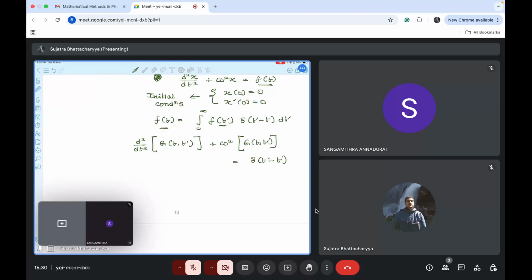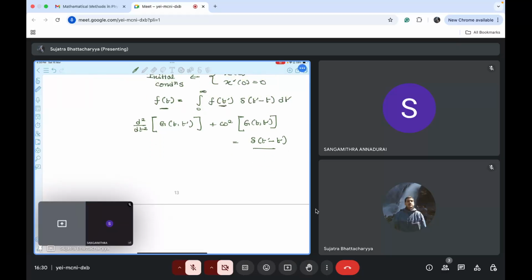Now in the right hand side, we were having first f of t, I'm writing now this as some impulse function or Dirac delta function. So I would say that the solution to a problem where the forcing function, that is the f of t forcing function, is replaced.